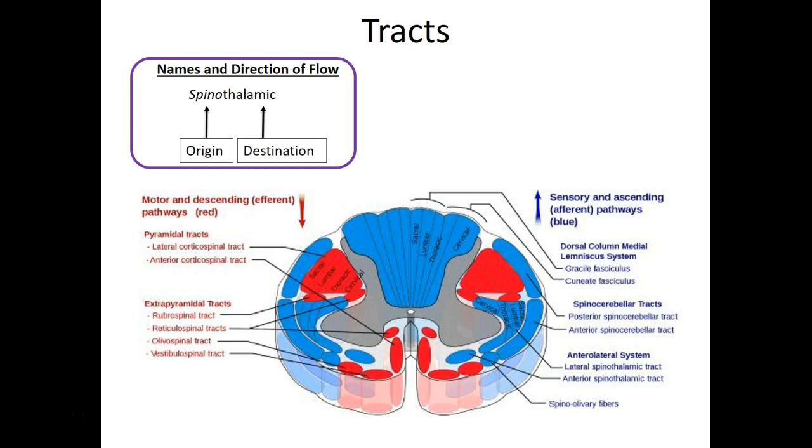So there is crossing over that occurs. There's decussation, we say. Some of that crossing over happens in the spinal cord. Some of it happens in the part of the brain called the brain stem. We're not going to go into a lot of the details about that, but it does happen.